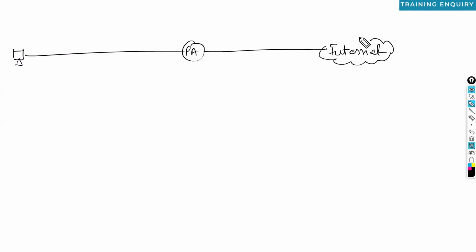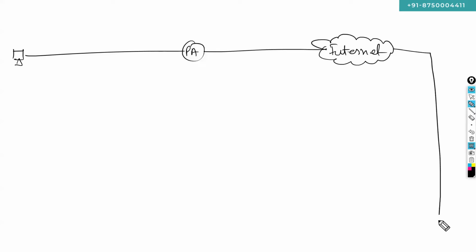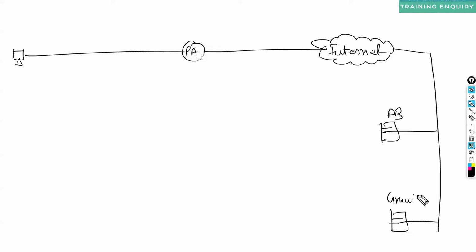And at the internet, assume we have two servers here. The first server, you can assume, is Facebook, and the other server, you can assume, is Gmail. Now we have a client sitting on the PC.